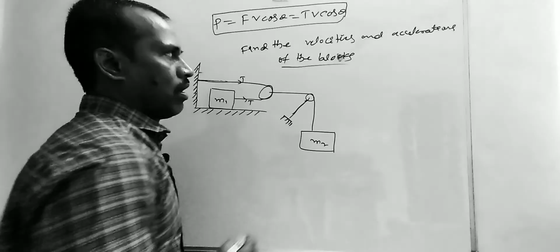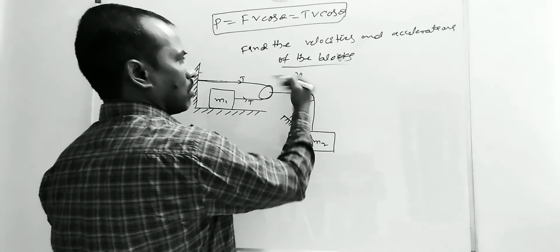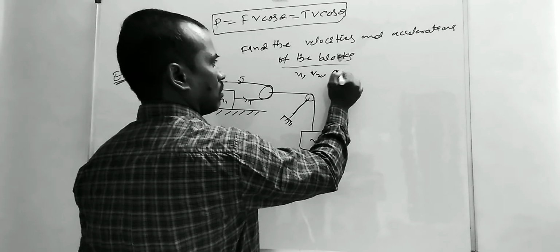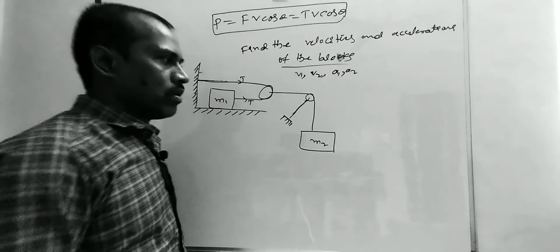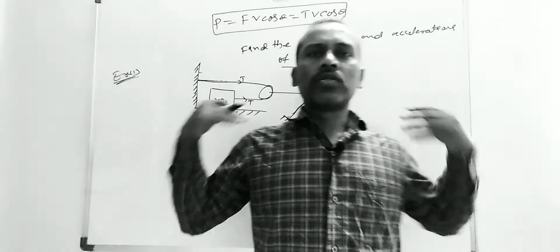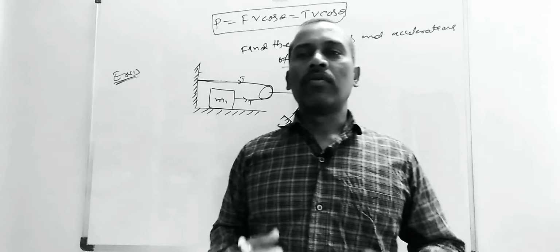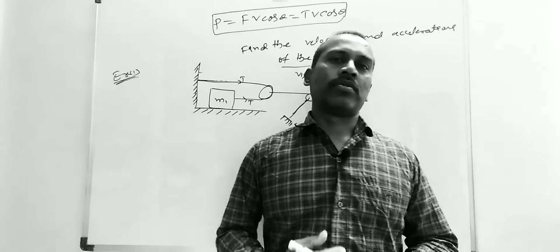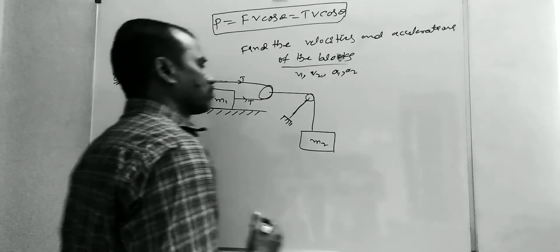Find the velocities v1, v2 and accelerations a1, a2. Find the velocity of these two blocks and the acceleration of these two blocks. How to solve this type of problem? Very simple.